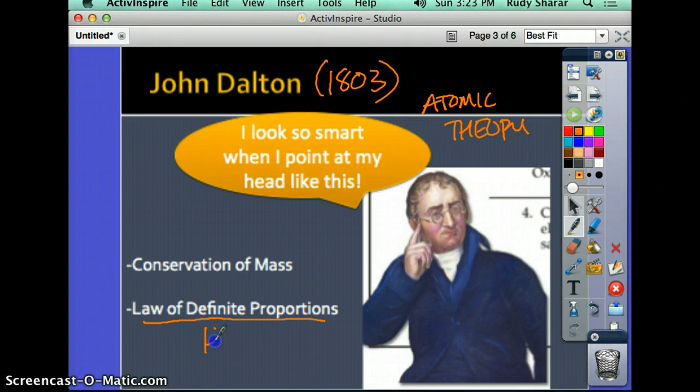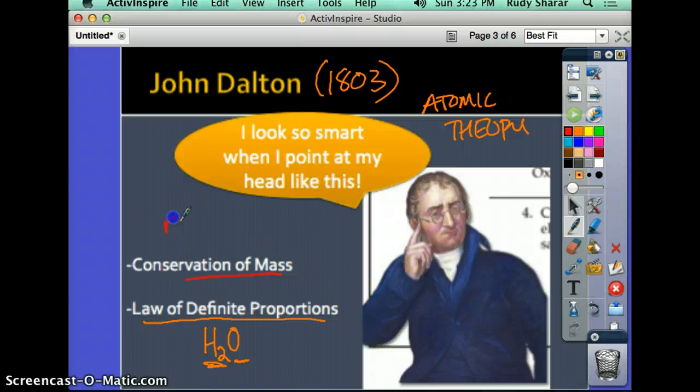So water, H2O, if you have a compound water, it will always have the same ratio of 2 atoms of hydrogen to 1 atom of oxygen, no matter what. No matter where you are in the world, it will have that exact ratio. He also proposed the idea of conservation of mass, which should be very familiar, which is the idea that matter, and energy for that matter, cannot be created or destroyed.